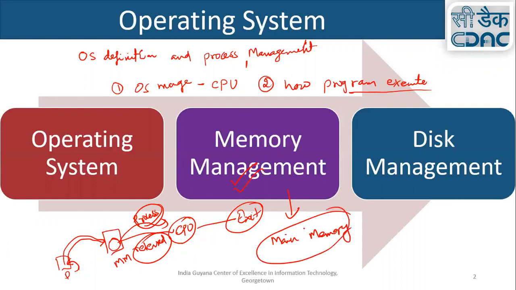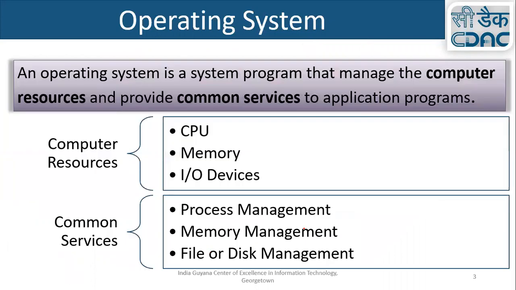Let me move to the next slide. I'm not going in depth with this definition because we already discussed it 2 or 3 times: the OS is a program that manages the computer resources and provides some common services to the application program.